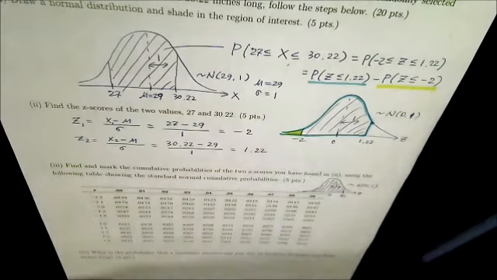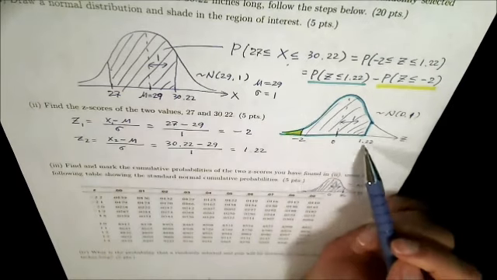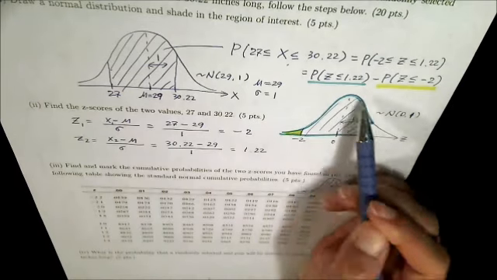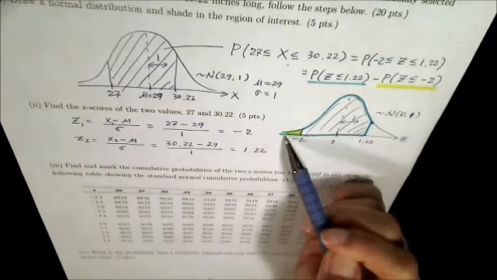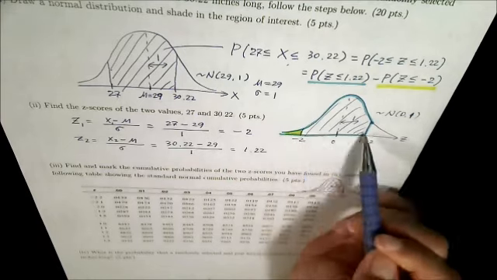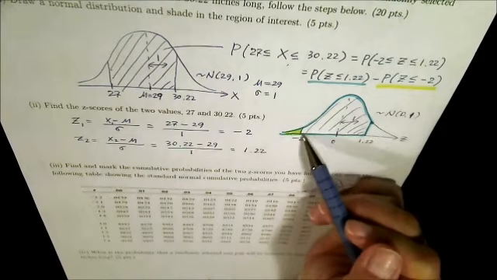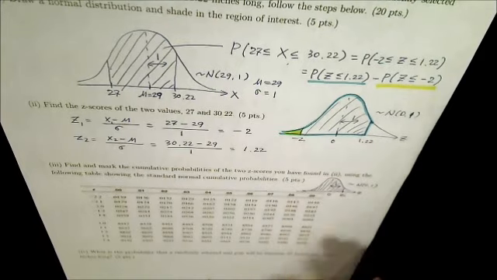So what we are going to do to find the area between negative 2 and 1.22 is use this blue part and yellow part, and subtract this yellow one from this big blue chunk so that we can find the area between these two numbers.